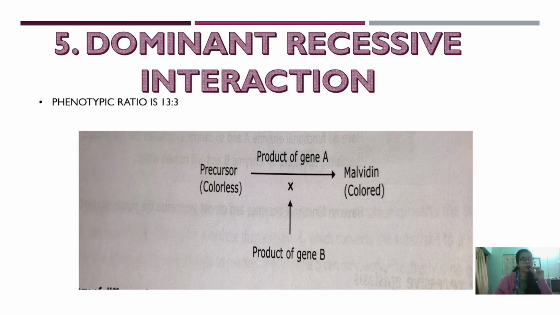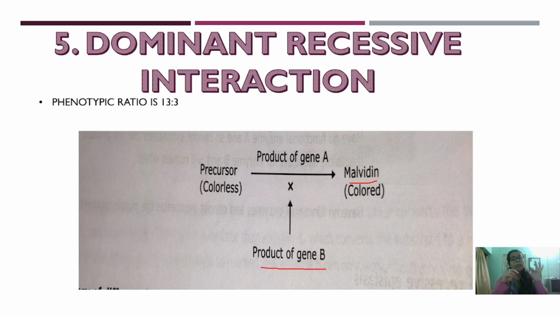Here what happens? The product of gene A is responsible for a certain color pigment, that is the color of the wheat kernel. But this product of gene B will suppress the product A, as a result of which the color can't be formed. So wherever the gene B is present, the color can't be formed.